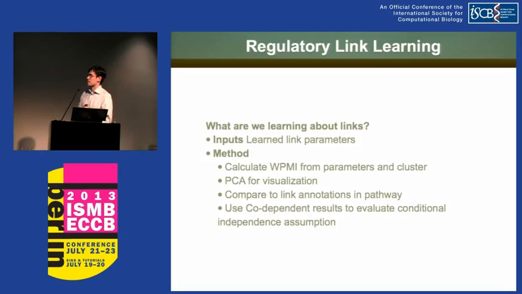We used a principal component analysis just for visualization, and we compared the directions of the links that we learned to their annotations in the pathway to see if they matched up. In addition, we used the results from the codependent model to test the conditional independence assumption we made with the independent model.